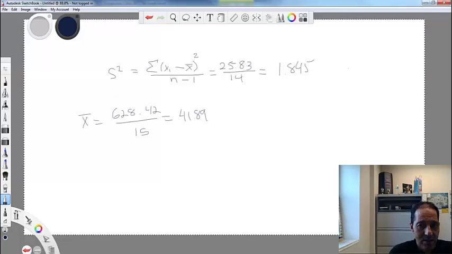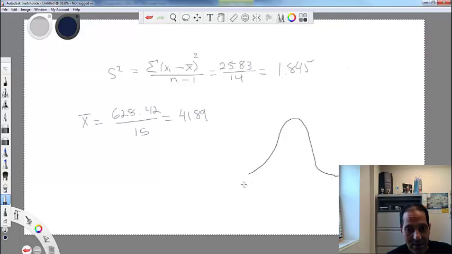We know a lot about the standard deviation when there's a normal distribution. A normal distribution looks something like this, like a bell-shaped curve, right? Here's the mean right down the middle, and then we have standard deviations going around the mean.